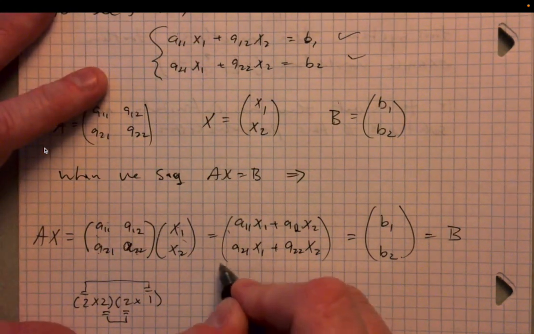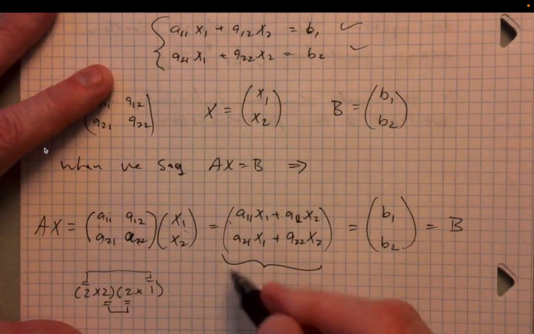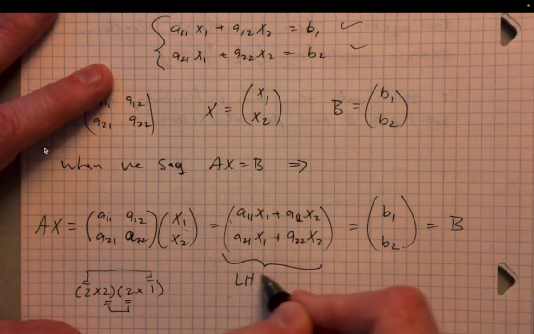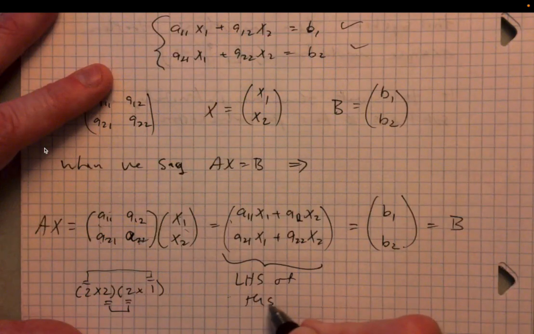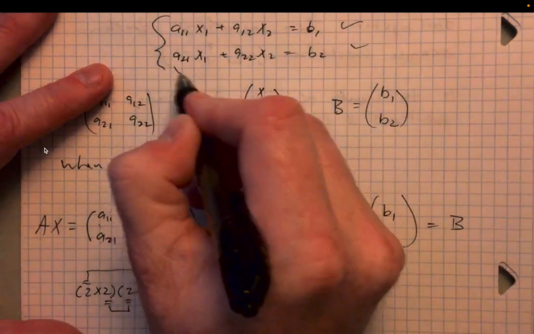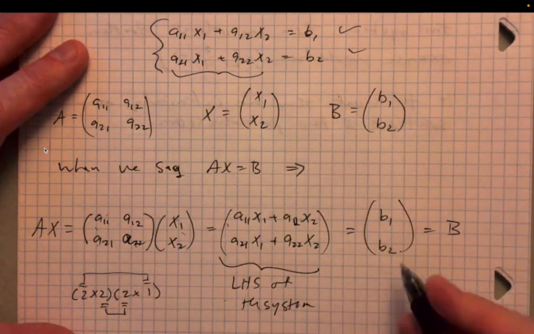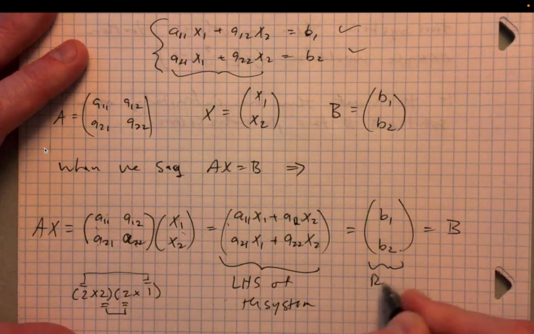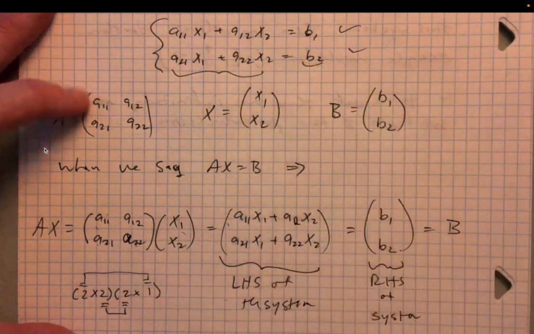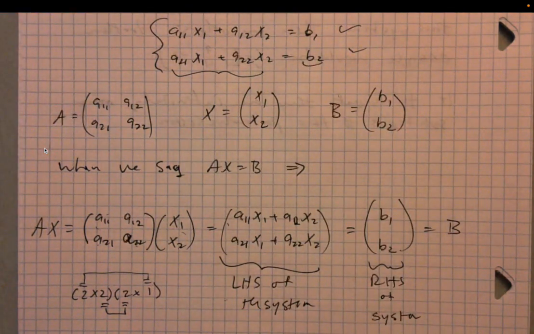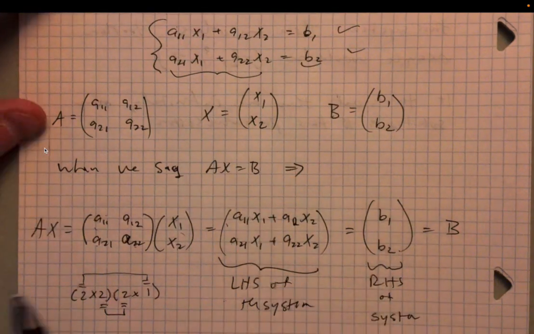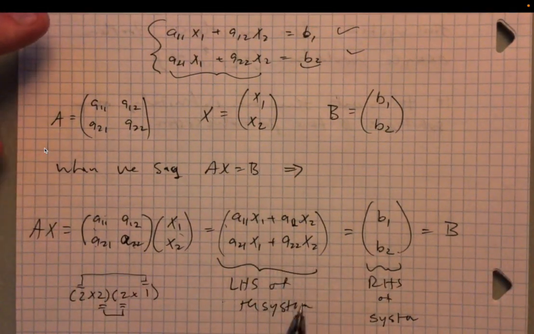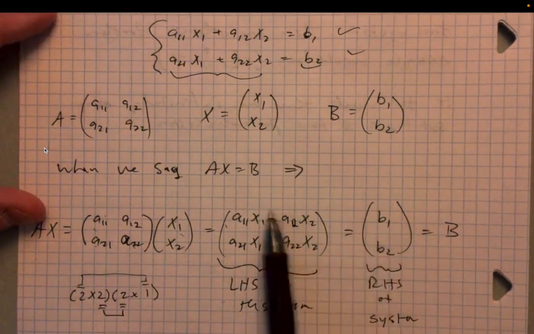And so another way to say this would be that this is the left-hand side of the system, namely this part here, and this is the right-hand side of the system, namely that part there. Okay.